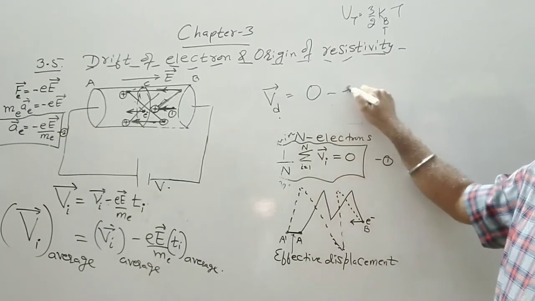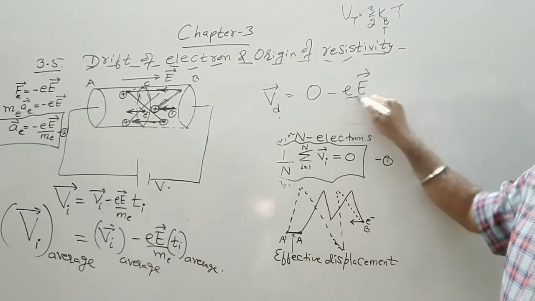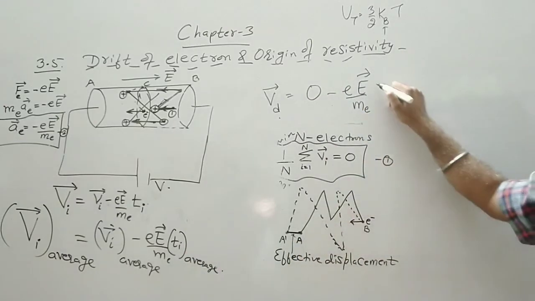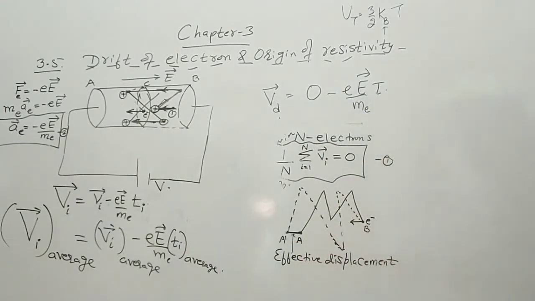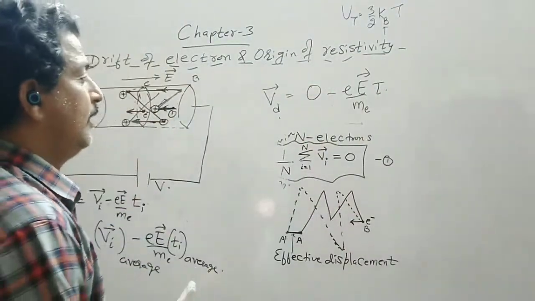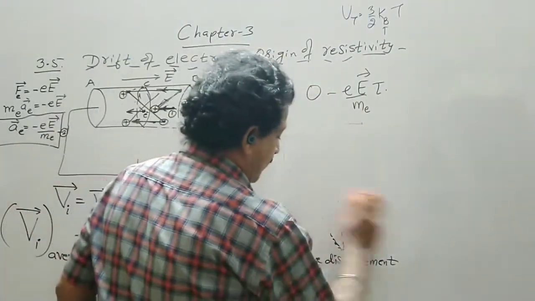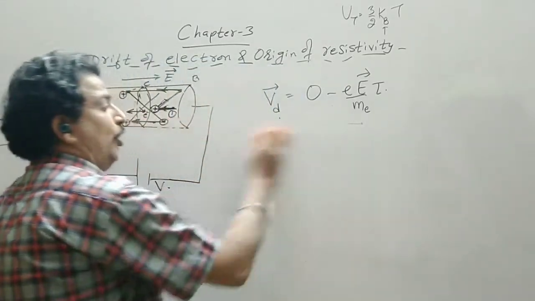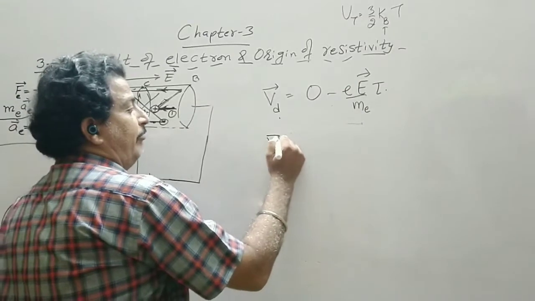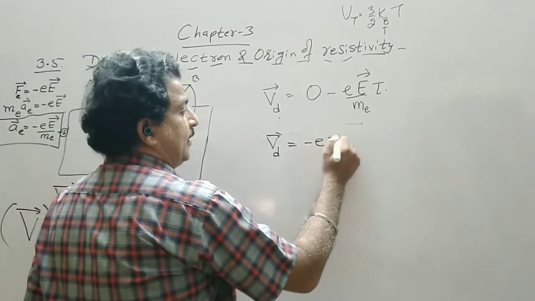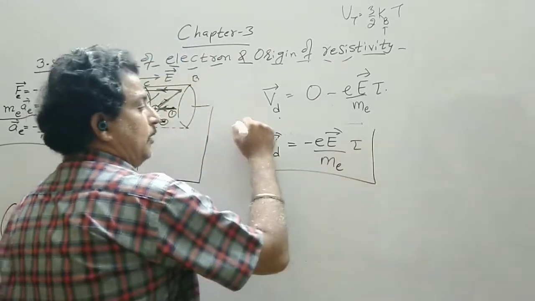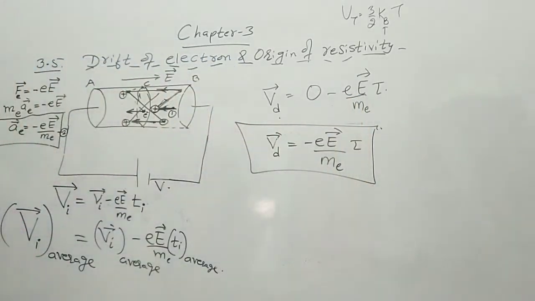So it is 0 minus Ee upon Me, and this Ti average is referred to as tau, that is the relaxation time. So the drift velocity, since the electron is drifted from one end to another, is Vd equal to minus Ee upon Me tau. This is the expression for the drift velocity.